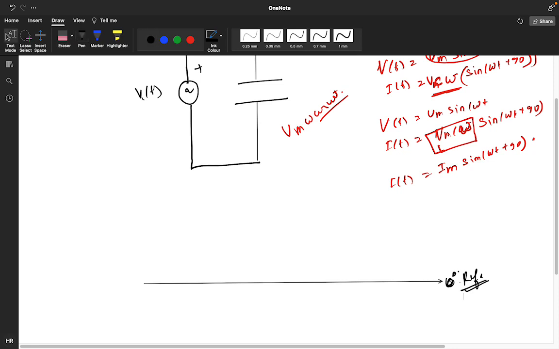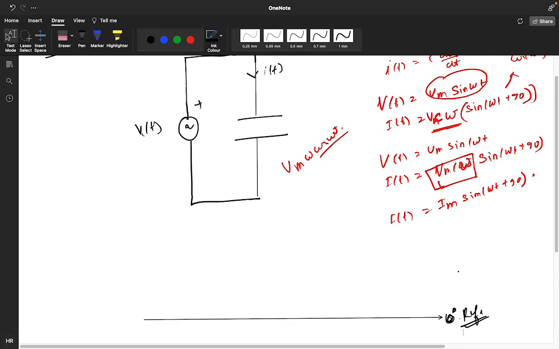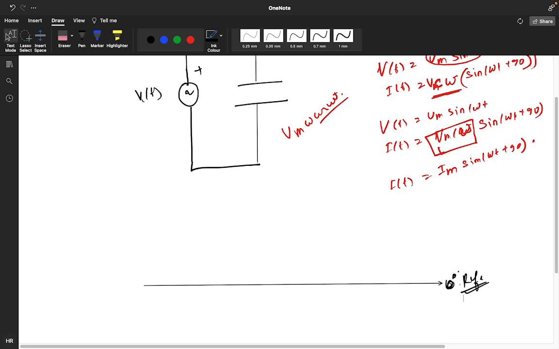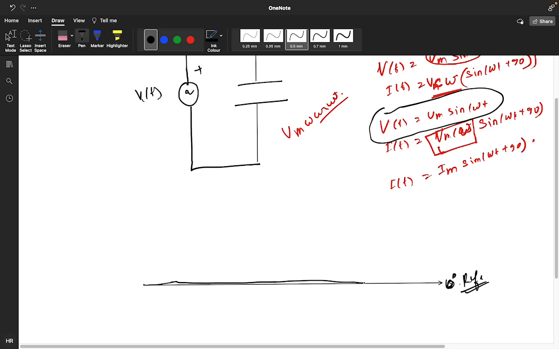So what is the angle of V of t? Voltage angle will be 0 only, with respect to the reference. This is your V of t, Vm sin omega t.